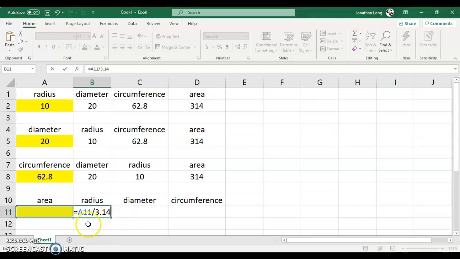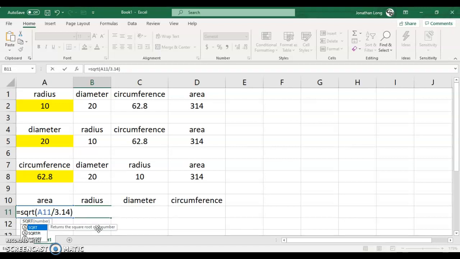So here's what I'm going to do. You have equals A11 divide by 3.14. You need to put parentheses around this. And then put your cursor between the equal sign and the first parenthesis, and you're actually going to type in the following. SQRT. And what that means is the square root of whatever that answer is.